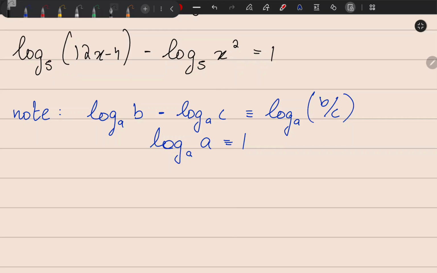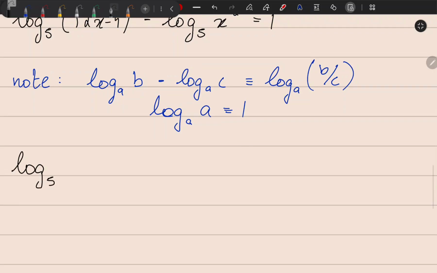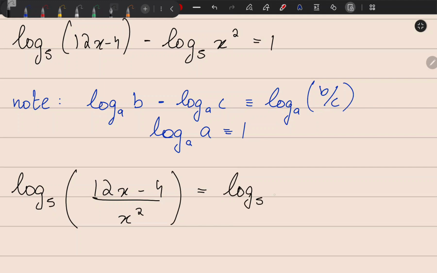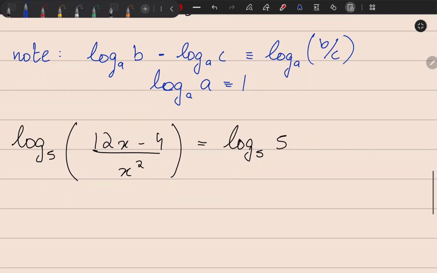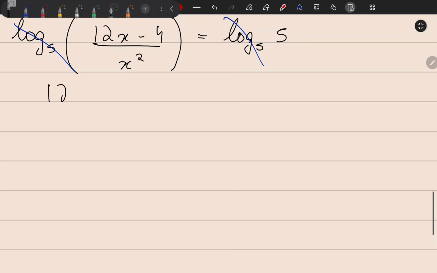So the arguments, we can divide the arguments. So we get log base 5 of 12x minus 4 divided by x squared is equal to, now instead of writing 1, we can write this as log base 5 of 5. And I think you see where I'm going with this now. The logs cancel out. So we're left with 12x minus 4 upon x squared is equal to 5.